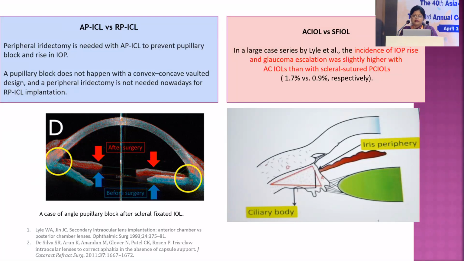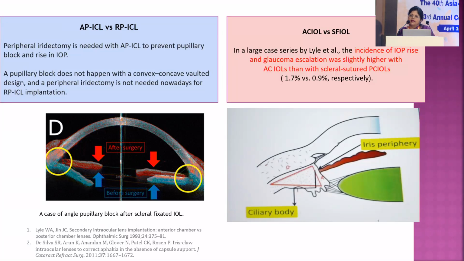Now we are comparing the antipupillary ICL versus the retropupillary ICL. The peripheral iridectomy is needed in patients with AP-ICL to prevent pupillary block and rise in IOP, but pupillary block does not happen with the convex-concave vault design of the retropupillary ICL, and peripheral iridectomy is generally not needed with the RP-ICL.